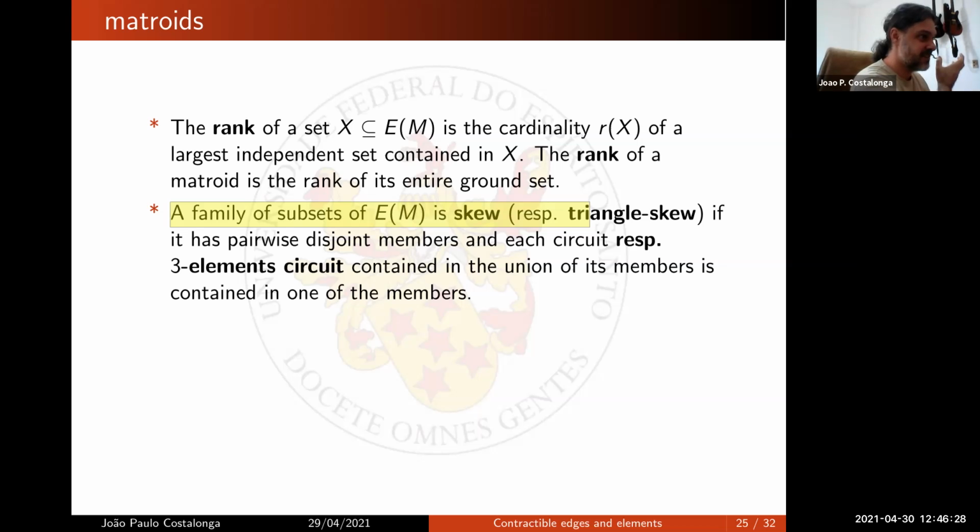We say that this is a scale if it has pairwise disjoint members, and each circuit contained in the union of the members is within one member. And there is the triangle scale case, that is the same thing with triangles, not general cycles, general circuits.